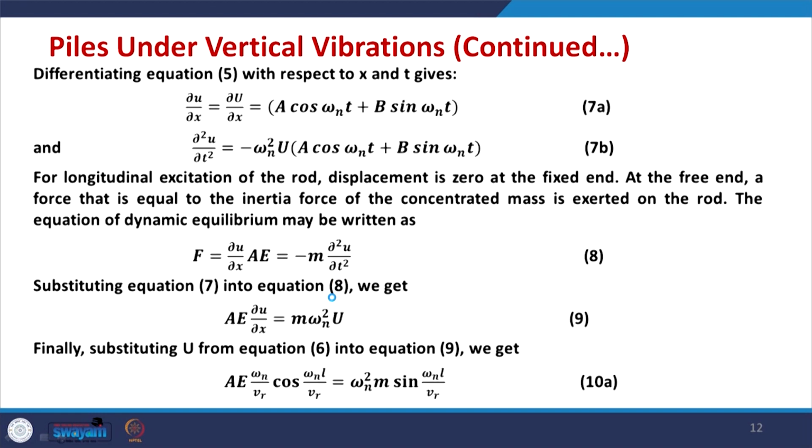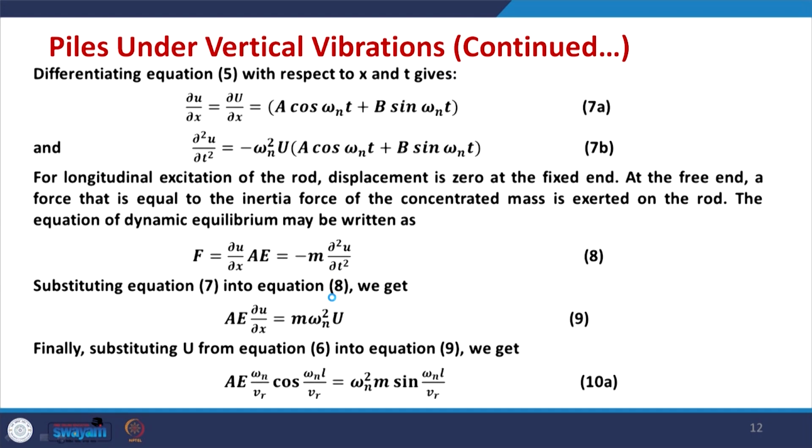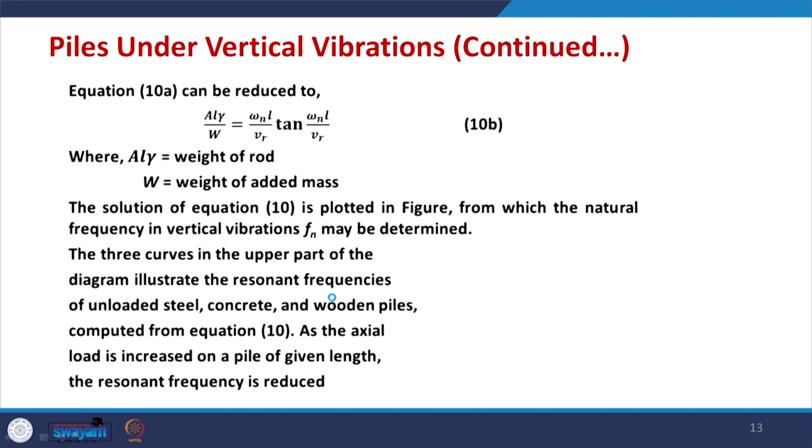Finally, in equation 10b you have only one constant, a, which represents your amplitude for displacement, and a, b and d are not dimensionless; they have the same unit as displacement u. Using this relation, because L is known, gamma is known, W is known, and V r can be known if you know the soil property, you can find the value of a using equation 10b, or you can directly plot equation 10b as shown in the next figure.